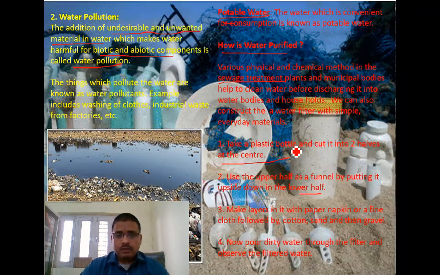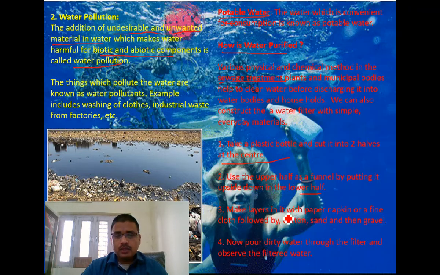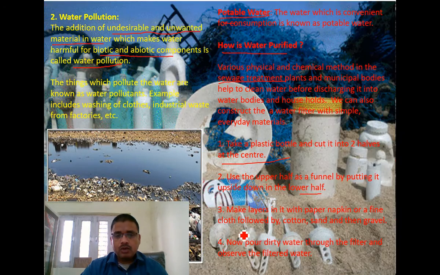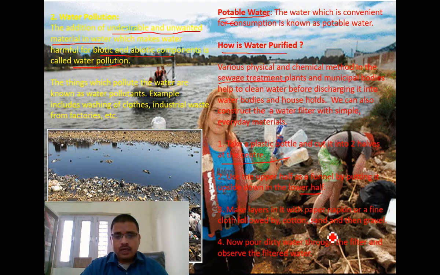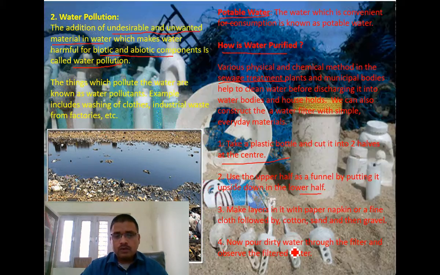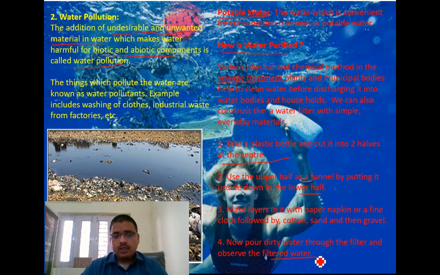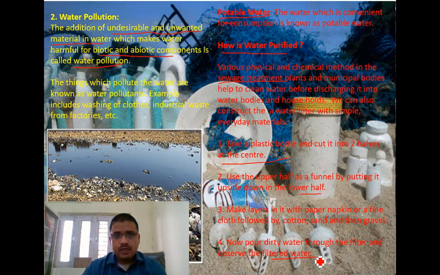Make a layer in it with paper, napkin, or fine cloth, followed by cotton, sand, or thin gravel. Now pour dirty water through the filter and observe the filtered water you will get inside the bottle. By this method the water can be purified.